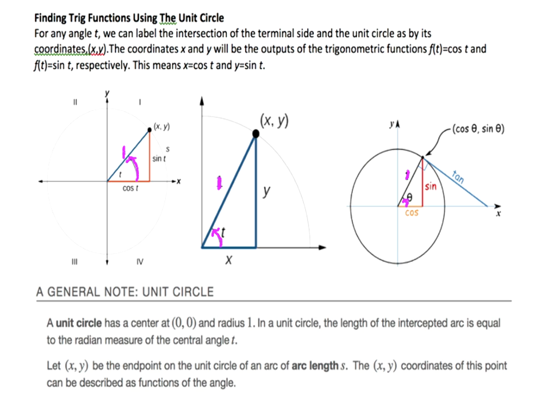We can label the intersection of the terminal side and the unit circle by its coordinates, x, y. So where that terminal side and unit circle meet is a point on the circle. And the coordinates x and y will be the outputs of the trigonometric functions cosine t and sine t respectively.